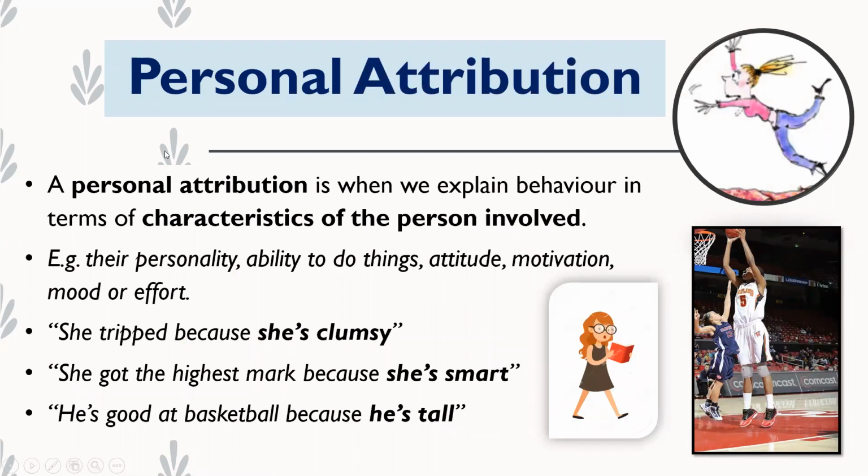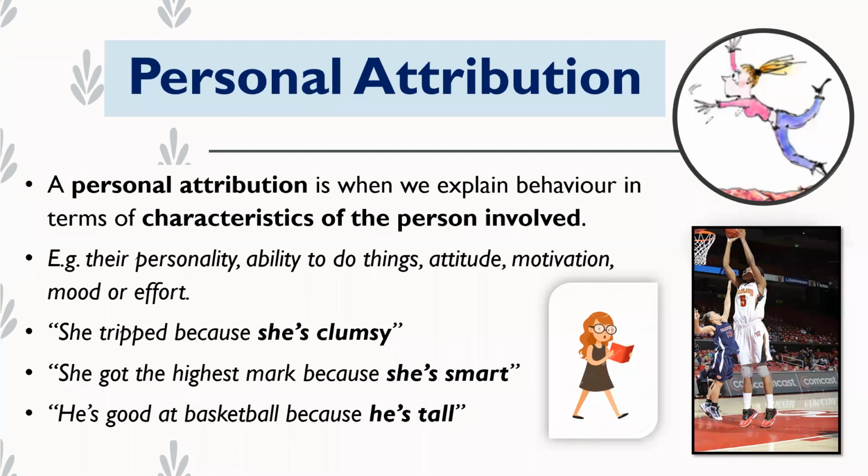Okay, the first type of attribution is called personal attribution. Now, a personal attribution is what the name suggests. It's when we explain behavior or when we put a reason for someone's behavior and we connect it to themselves as a person. Okay, so rather than watching someone fall down in public and saying that, oh, they must have slipped on something, you say that, oh, that person fell down because they're such a clumsy person, or they never look where they're going, or they're just such a careless individual, they're so irresponsible.